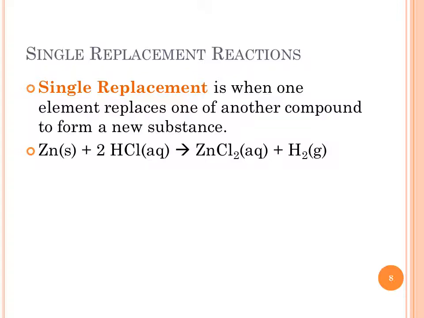And so now you've got zinc with chlorine, so it's replaced the hydrogen, and you've got hydrogen gas by itself. So one element has displaced another, and now you see the opposite element combined with the nonmetal, and you've got hydrogen gas. Now the lighter gray there is zinc, the green is chlorine, white is still hydrogen. And they will react. The hydrogens will come together in hydrogen gas, which is given.